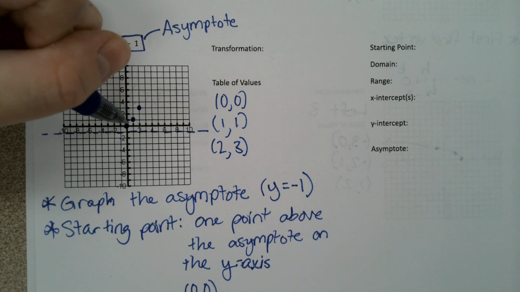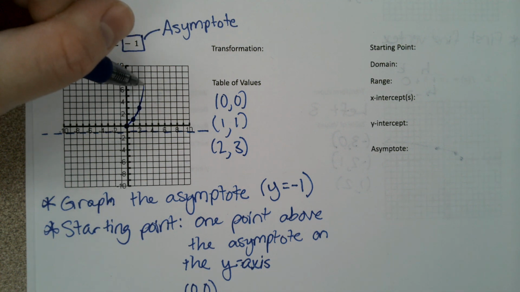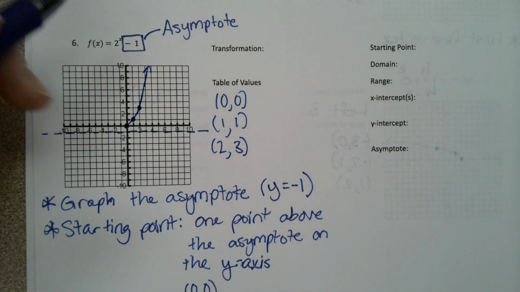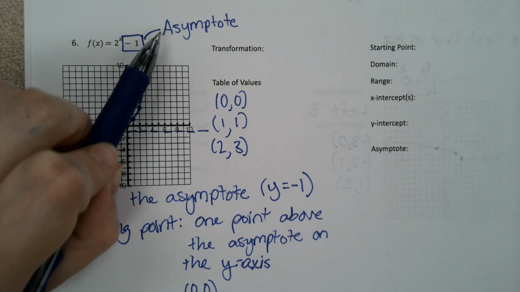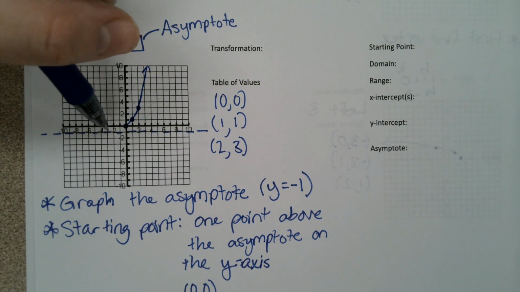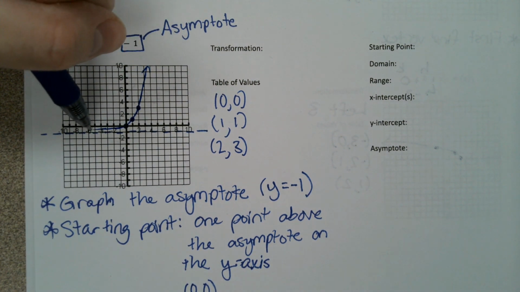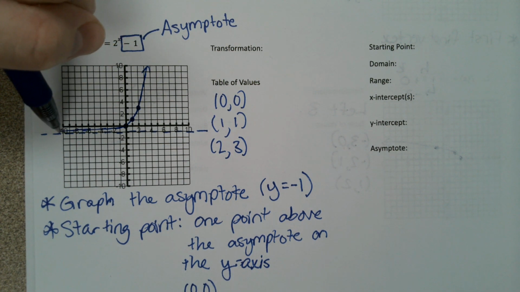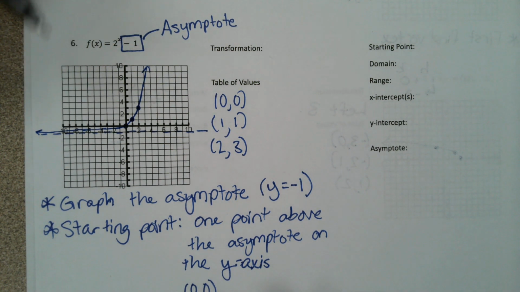When we graph, first I'm going to go up, and it's going to go up towards the sky. Not perfectly straight, it's still going to curve out to the right. Now the bottom is going to come down, and it's going to get as close as it possibly can to this asymptote without crossing it.